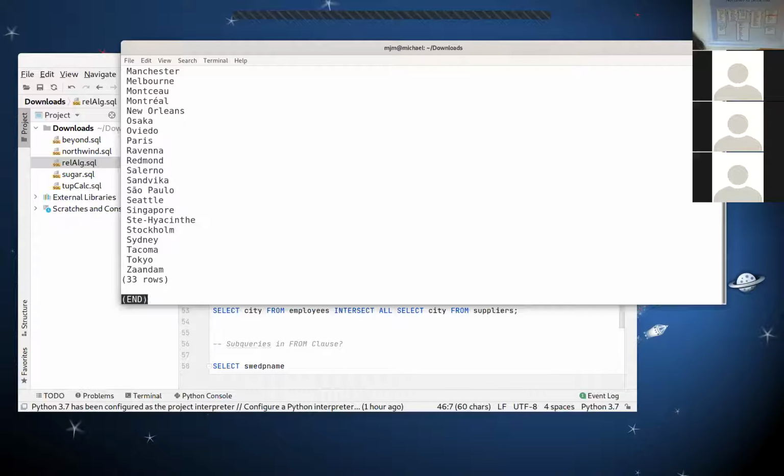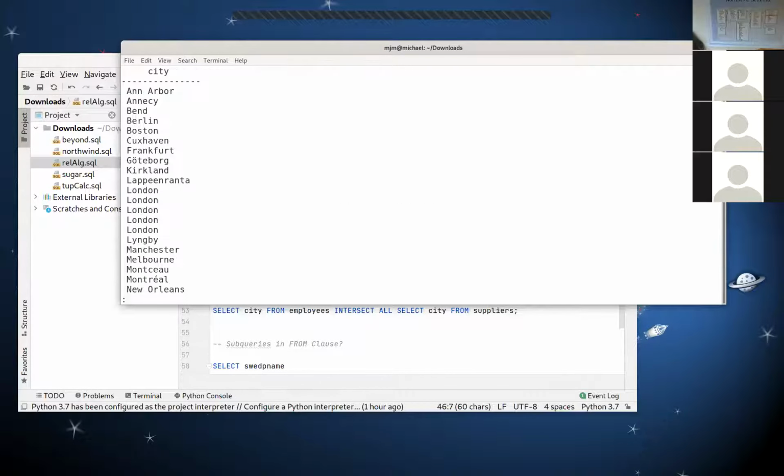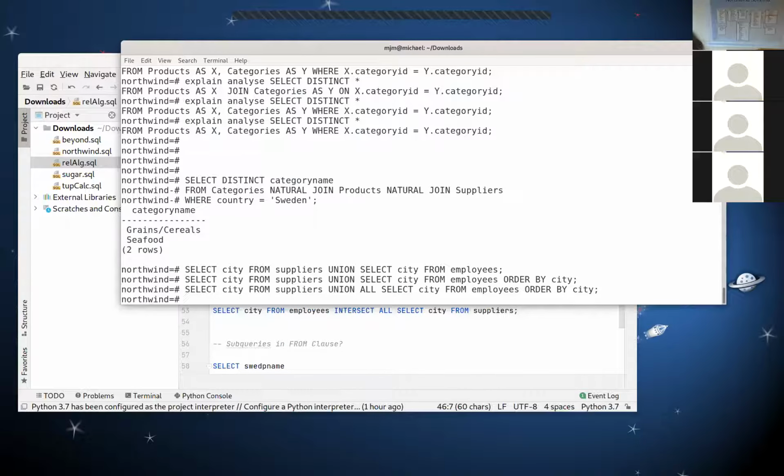So, okay, 33 tuples. But now if we do this, union all, now London is getting replicated here. So this is bag semantics, kind of like doing the bag union. What SQL actually does is kind of quirky: when you say union, it brings it down to set semantics.